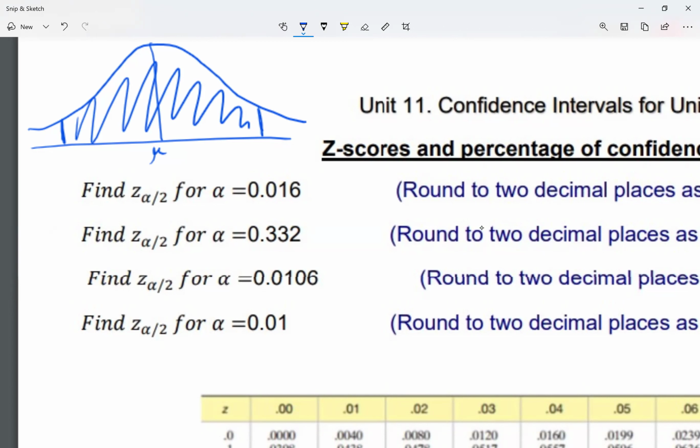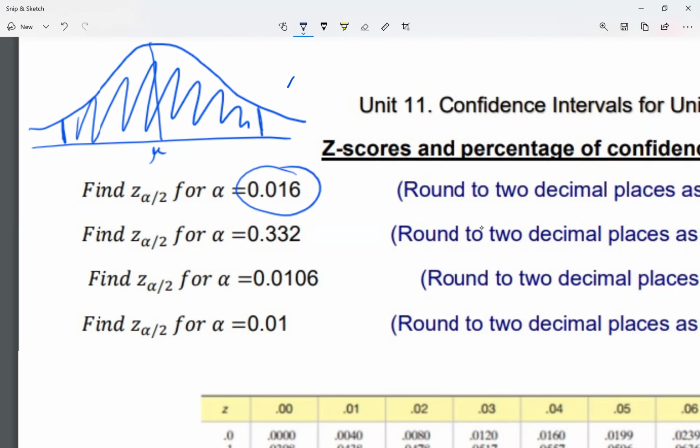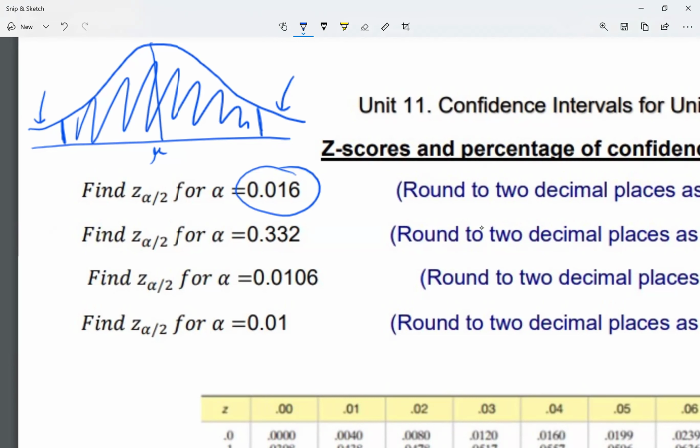However, this number is going to be broken down into half over here and half over here. If we think of 0.016 broken down into two halves, this part is 0.008 and this part is 0.008. Now, I want to find out what's the C value that will give me this range.